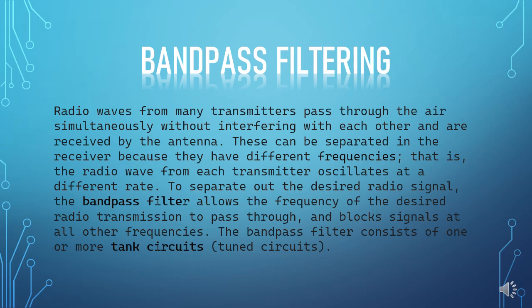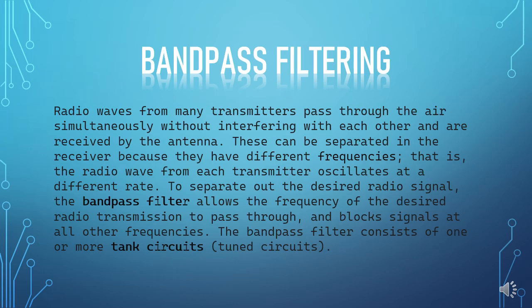In the radio receivers, these LC circuits are used as filters. The radio waves from many transmitters pass through the air simultaneously without interfering with each other and are received by the antenna. These can be separated in the receiver because they have different frequencies, that is, the radio wave from each transmitter oscillates at a different rate.